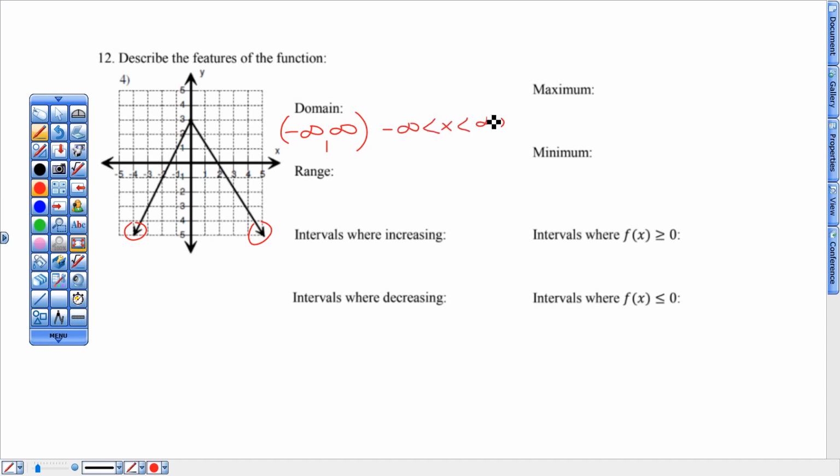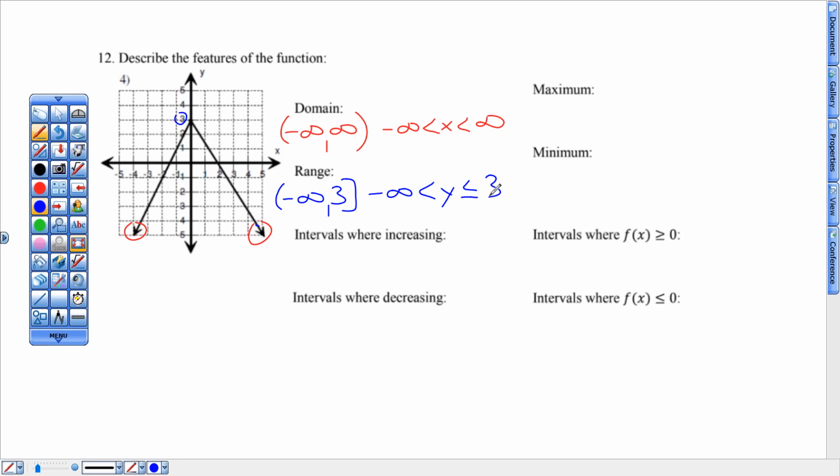For my range, looks like I've got from negative infinity going up to this 3 up here, square bracket. That would be from negative infinity, y less than or equal to that 3, I believe.